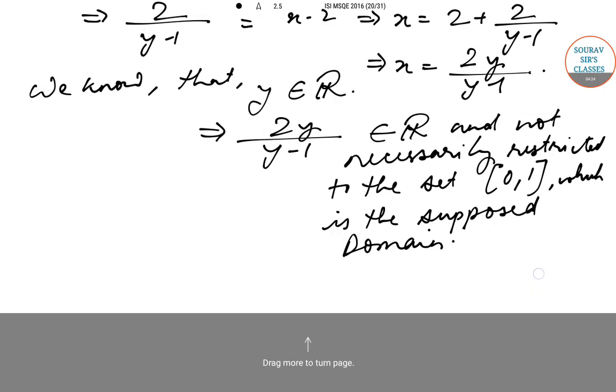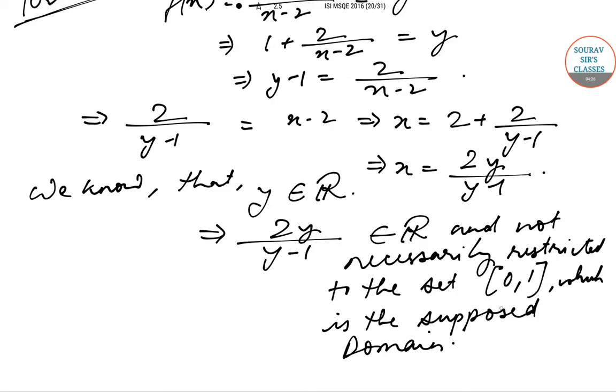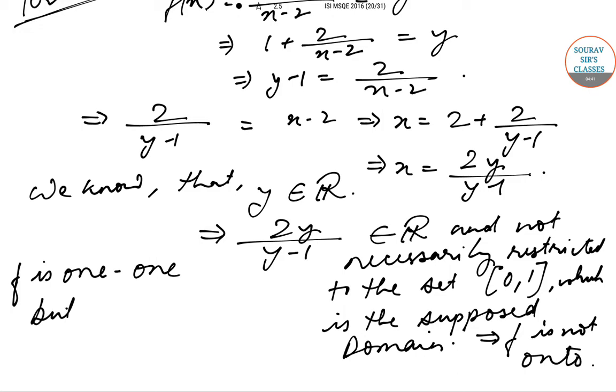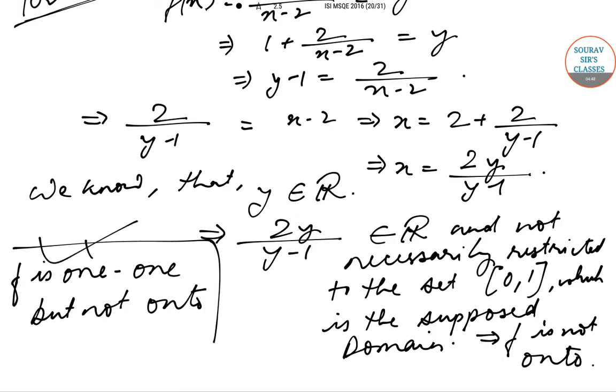This implies that f is not onto. So we can write from the two cases that f is 1-1 but not onto. This is the thing that we have derived. So option A, which states that f is a 1-1 function, is the correct option.